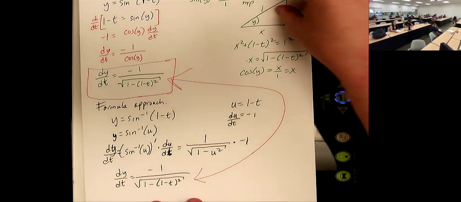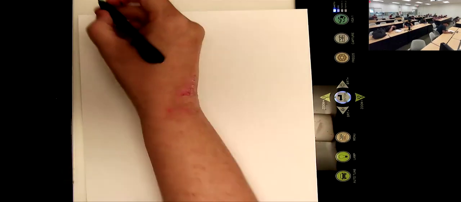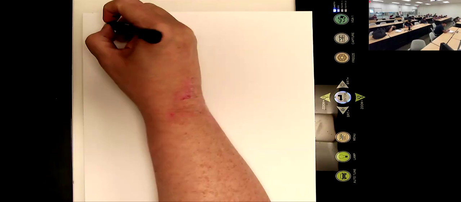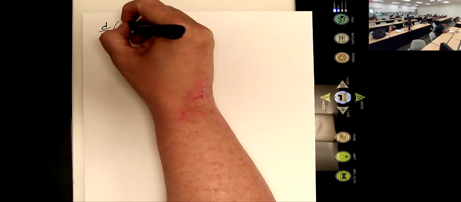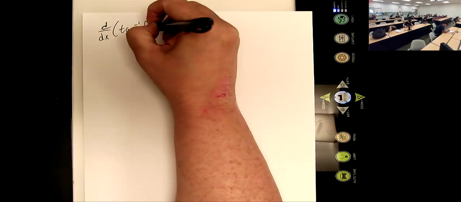You guys ready for some more fun? Alright. Let's do: find d/dx of tangent inverse of the square root of x squared minus one.